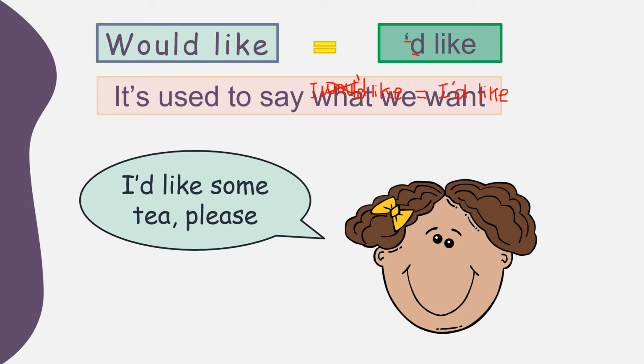So would like has a short form, 'd like. And it is used to say what we want. You use that phrase to say what you want. For example, I'd like some tea, please. Or I'd like an apple, please. Okay? Easy, right?